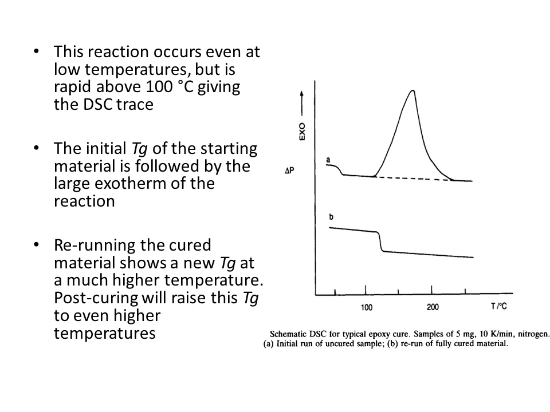And when the material is fully cured, so when the sample was run again, rerunning of the cured material shows a new glass transition temperature at a much higher temperature, which is not shown in this curve. Actually it is further on the higher side of the temperature. So post curing will raise this glass transition temperature to even higher temperatures.